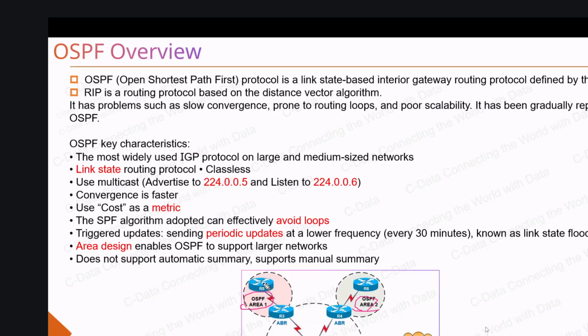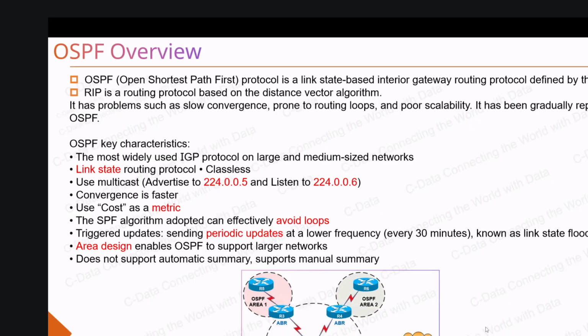In these areas, we can have more routers. It is not directly connected; everything goes through router 3. In the OSPF, we call router 3 the ABR, area border router.